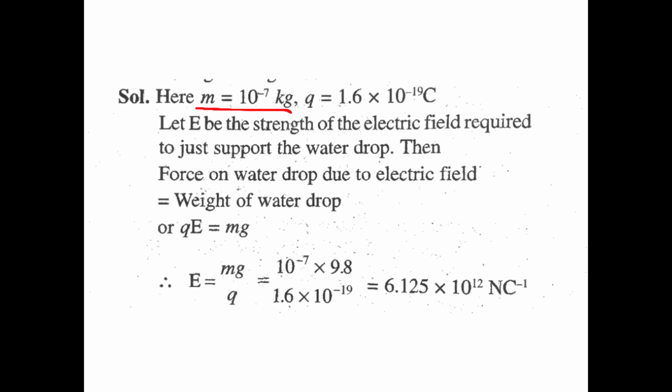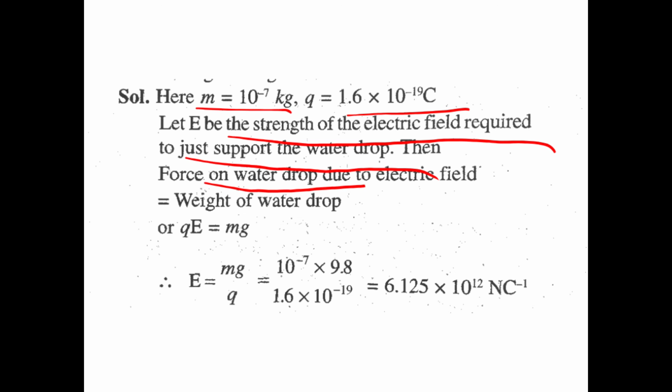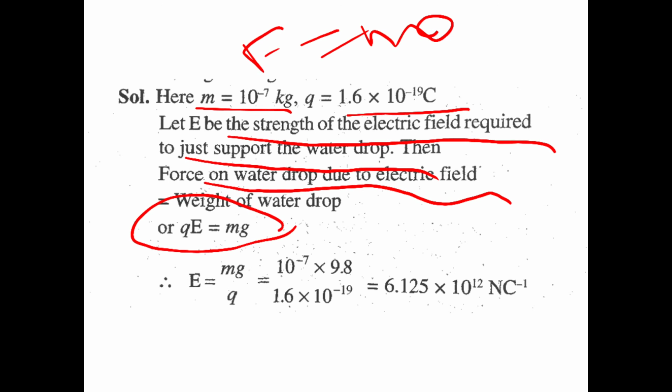Here m is given and charge q is given. Let E be the strength of the electric field required to just support the water drop. Then the force on the water drop due to the electric field is equal to the weight of the water drop, or qE is equal to mg. As F is equal to ma, here F is equal to mg, with g the acceleration due to gravity, and F is equal to qE also.